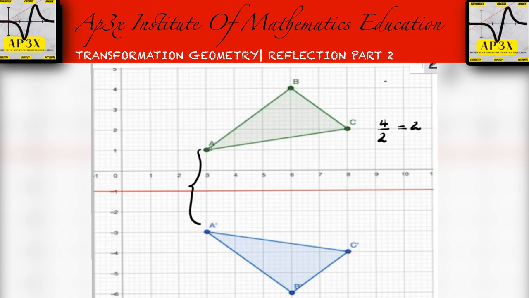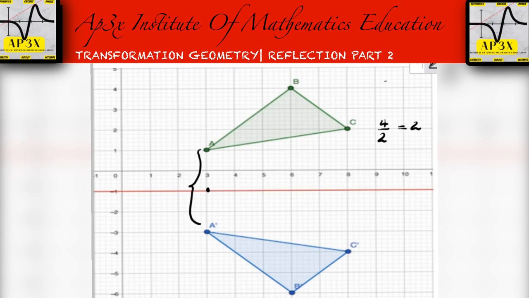In this case, 2 units below the object is 1, 2, which lands us right onto this red line here. And it's the same 2 units above the image, landing us right on this red line. Then we draw the red line through that point, and because it goes from top to bottom, it has to be a horizontal line.